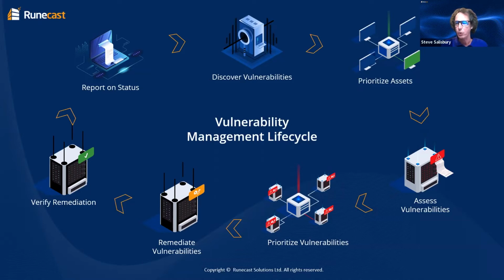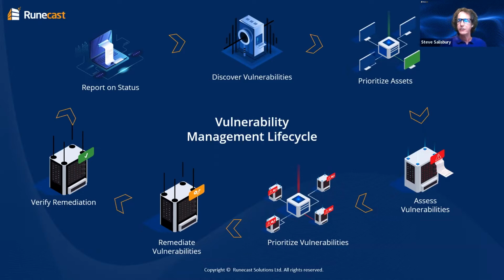What's the most important asset to me? Obviously my production is going to be the most important. I might have some test areas, so I'm going to deprioritize those, but I need to hit the most important assets here. So I'm going to assess the vulnerabilities in those assets.